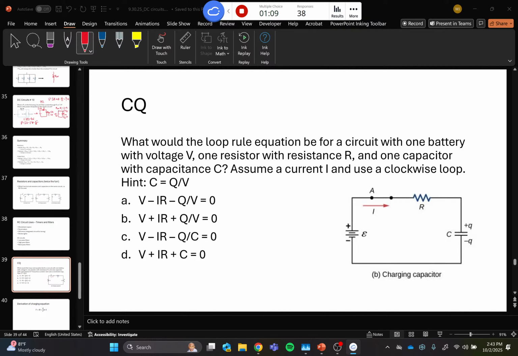Where did you start? Why did it go down? Why did it go up?